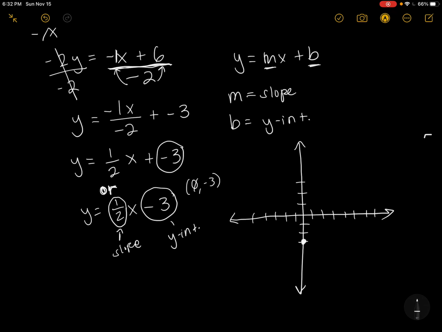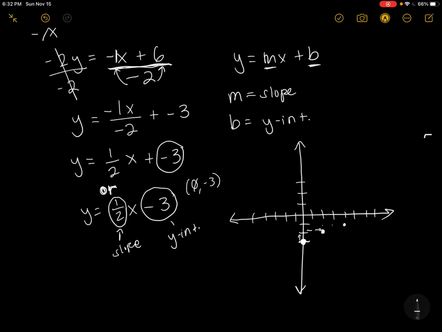So if I want to graph from 1 point and find the next point, you just think of it as directions. My starting point is here, negative 3, and the directions tell you to go up 1, right? You rise 1 because it's positive. So I go up 1, and then I turn and I go right, in a positive direction, 2. And that leaves me right there.